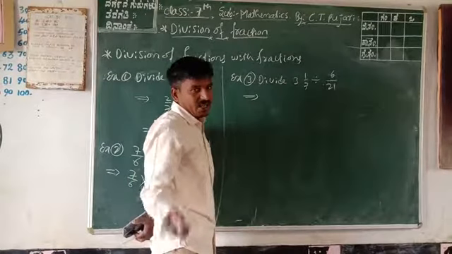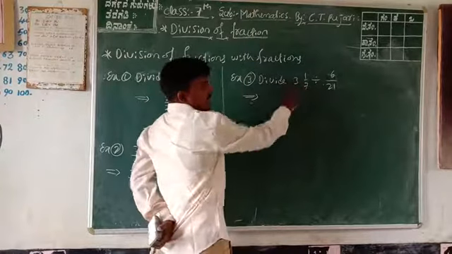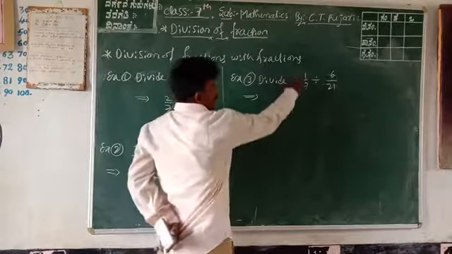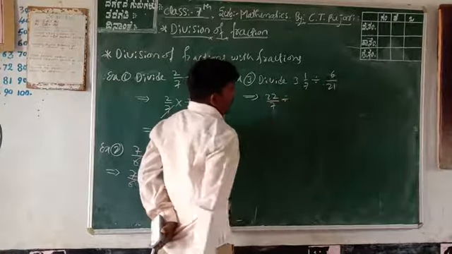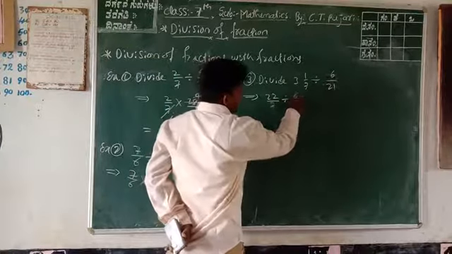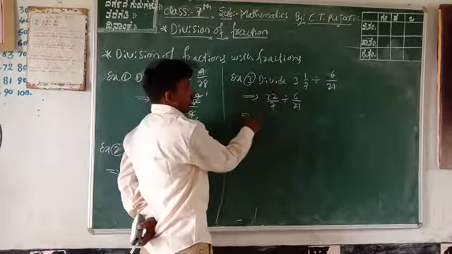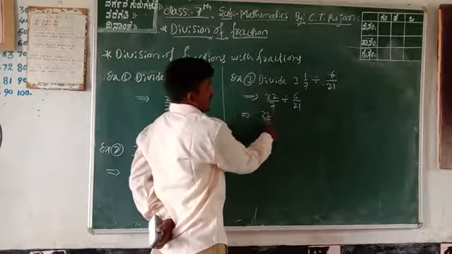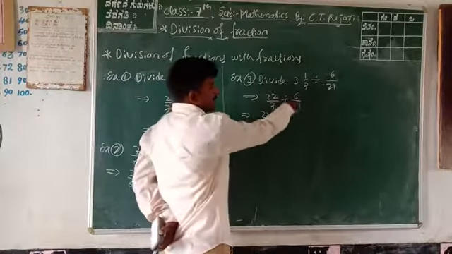You can convert mixed to improper: 7 threes are 21, 21 plus 1 is 22, divided by 7. Divide sign, 6 by 21.